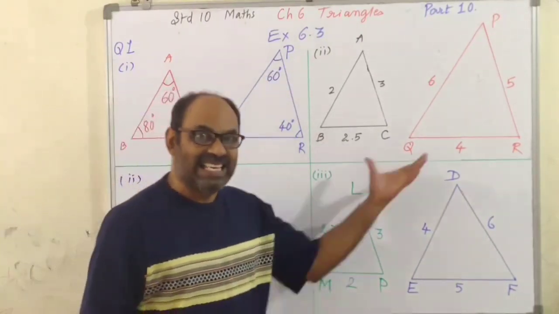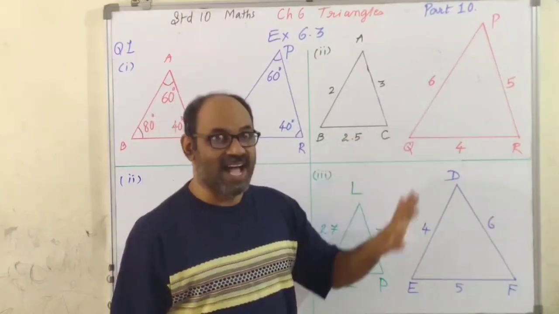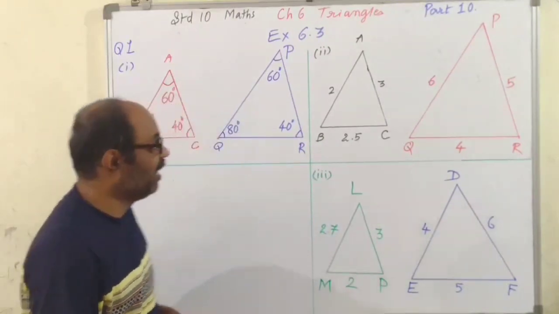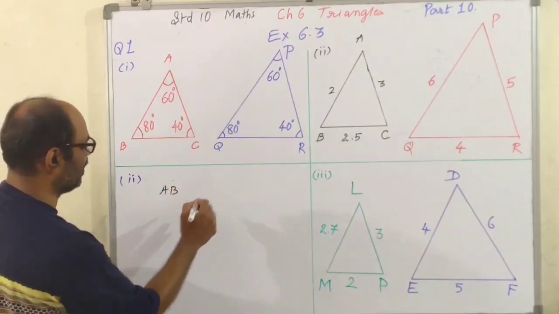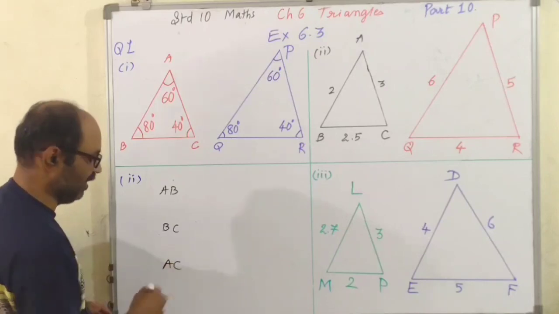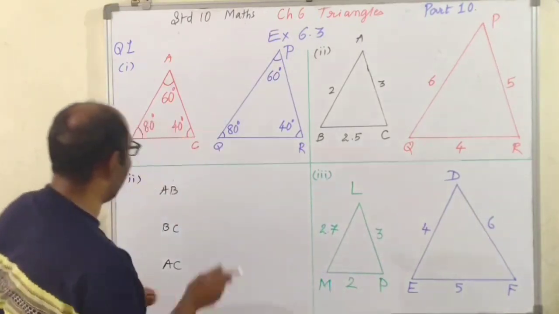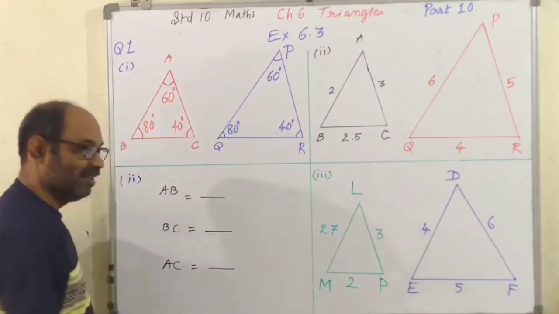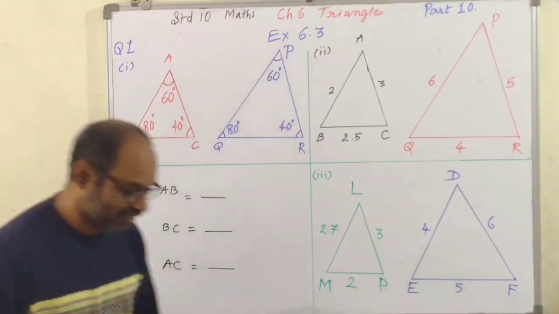Alright. Let's see what information we have. We have information about the sides. So we'll have to take the ratio. First is AB. The second is BC. And the third one is AC. Children, be careful. I write here also equal to, equal to, equal to. When you have measures of sides, this is how you are going to write.